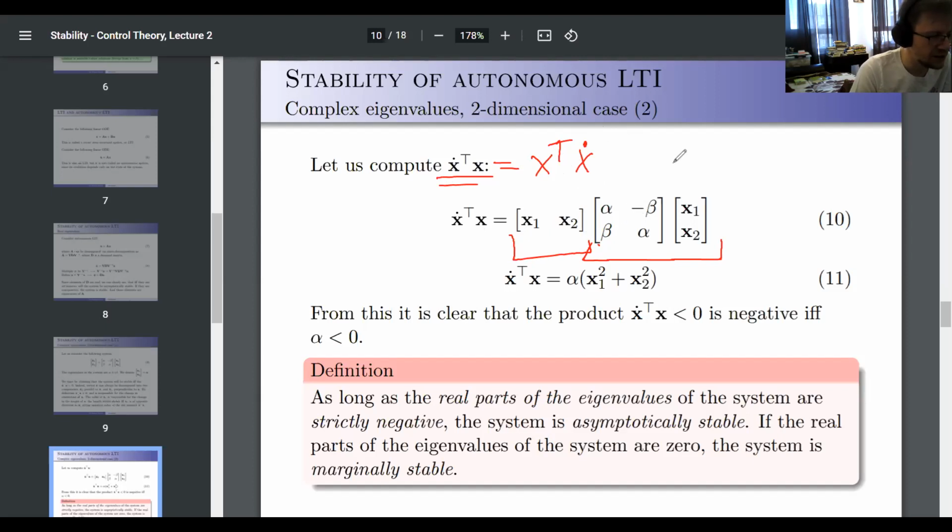Okay. Let us open the brackets here. When you open the brackets, you find alpha x1 minus beta x2. And when you open the brackets here, you have beta x1 plus alpha x2. And you multiply it by x1, x2. So it becomes x1 here plus x2 here.